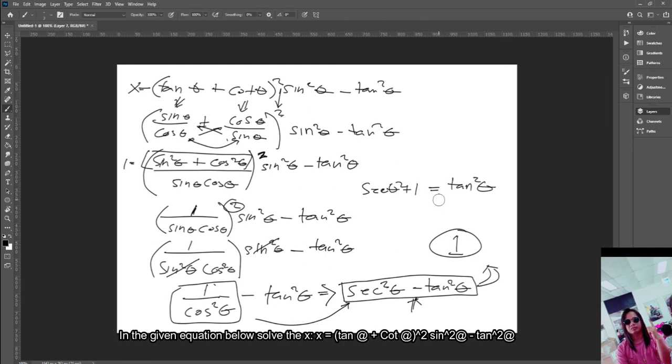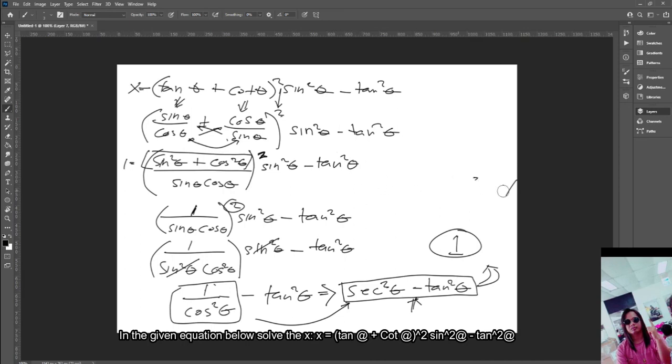This is going to be equal to 1. Okay, that is equal to 1. That's the correct one.